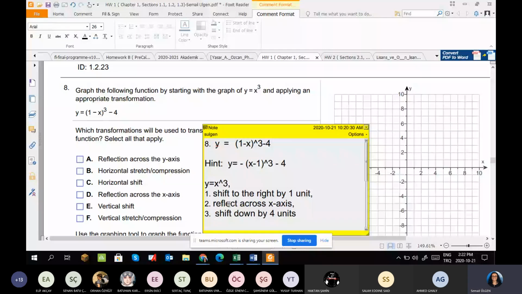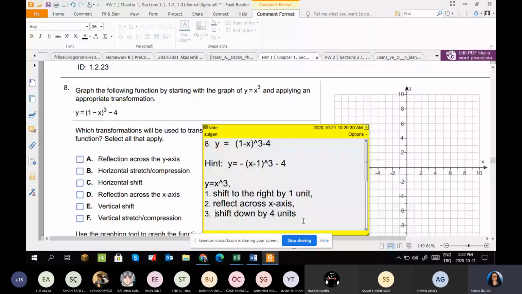You can first reflect y is equal to x cubed by multiplying with -1, and then shift it by 1 unit, and then shift down by 4 units. The order doesn't matter here, but you won't be able to shift the order of reflection with the shifting down by 4 units. It's going to be hard. So keep the shift down by 4 units at the end.